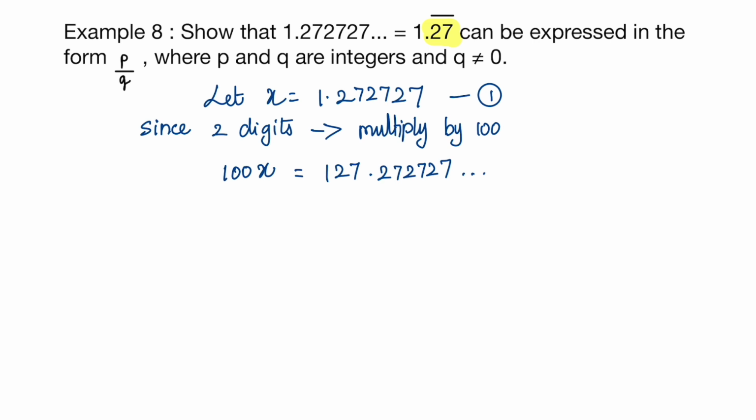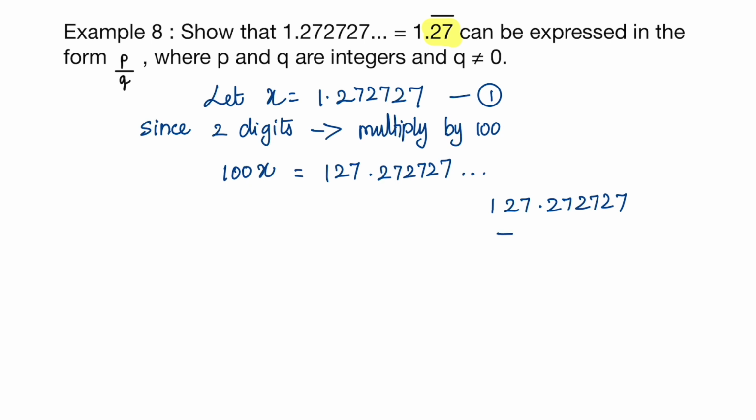Now, you are going to use the same logic and you are going to replace some value on the RHS with x. A simple technique is you take your current RHS, 127.272727, and you subtract your x value from it.